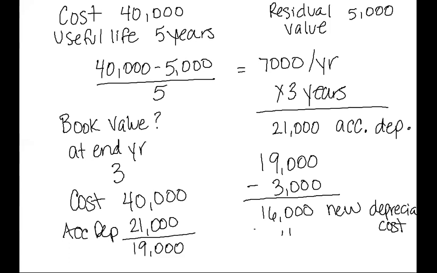So we have a new remaining service life of 4 years. Therefore, our depreciable cost divided by 4 equals $4,000 of depreciation that you would take for the remaining useful life.